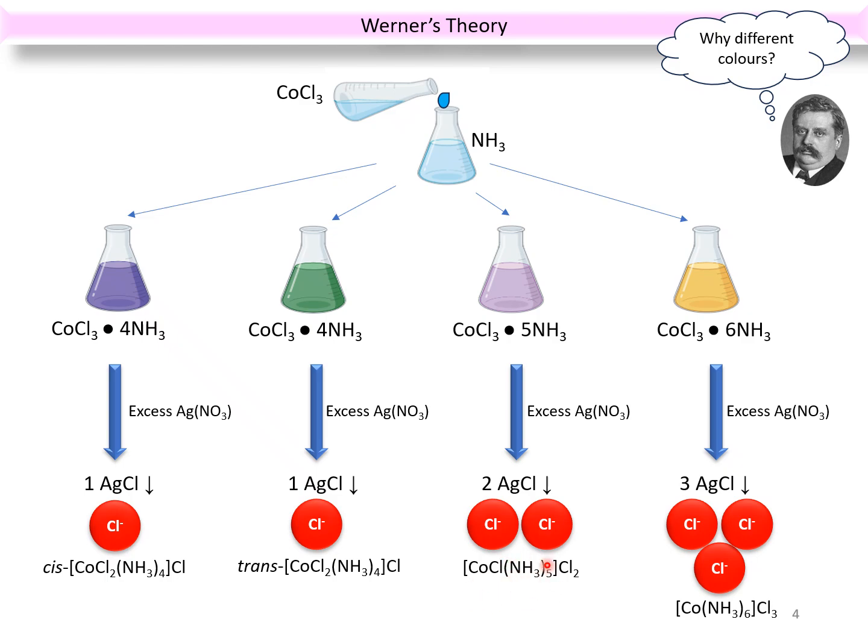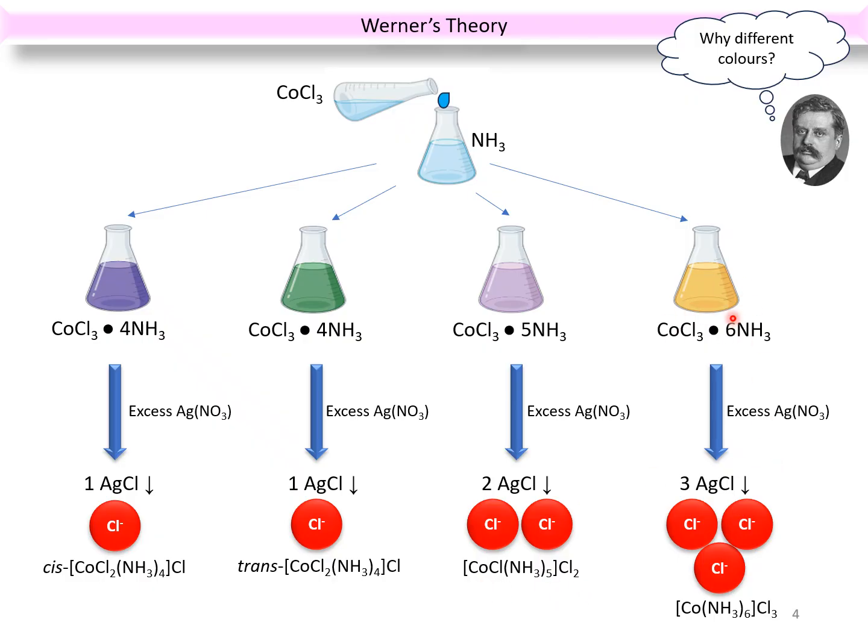The rest of the ligands are 5 ammonia, which makes the name of the purple solution pentaammine chlorocobalt(III) dichloride.